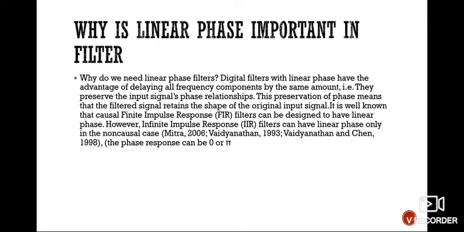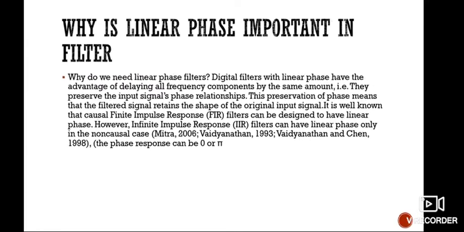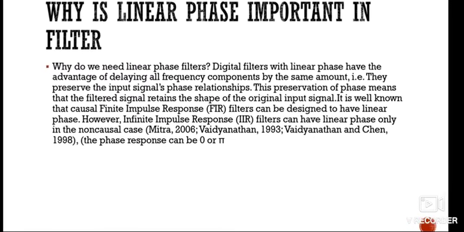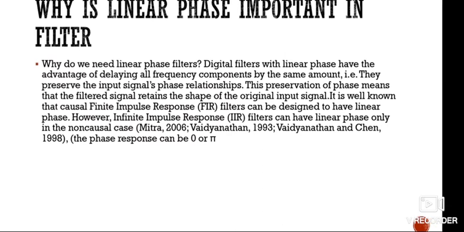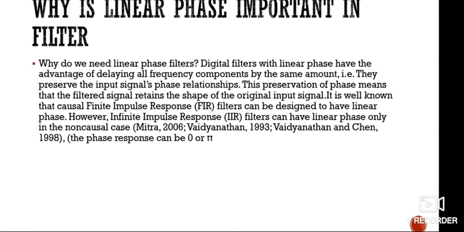Why is linear phase important in a filter? Why do we need linear phase filters? Digital filters with linear phase have the advantage of delaying all frequency components by the same amount. They preserve the input signal's phase relationships. This preservation of phase means that the filtered signal retains the shape of the original input signal.